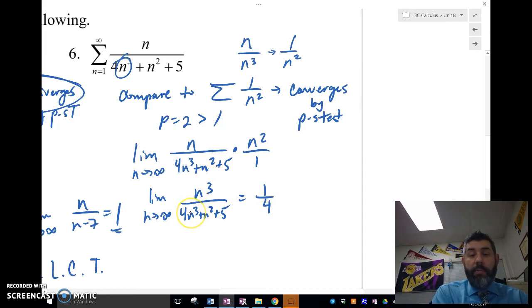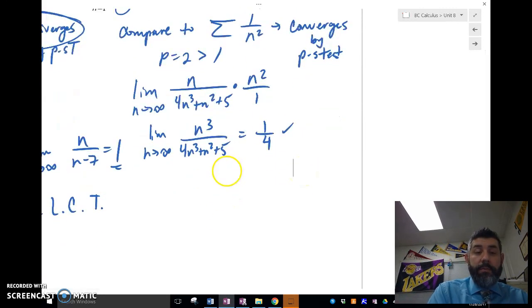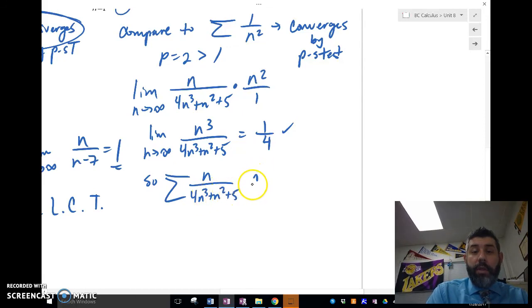They match up, so we get 1/4, which is finite and positive. So the series n over 4n cubed plus n squared plus 5 converges, because the one we compared it to converges, by the limit comparison test.